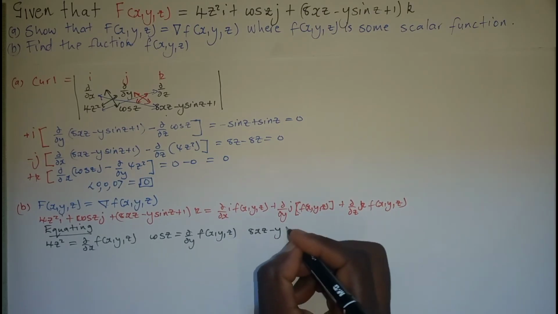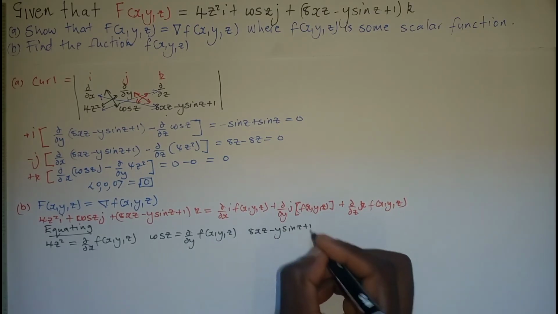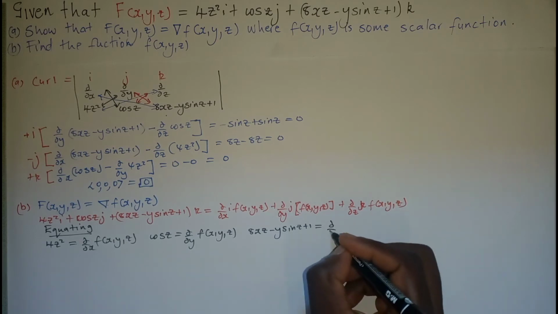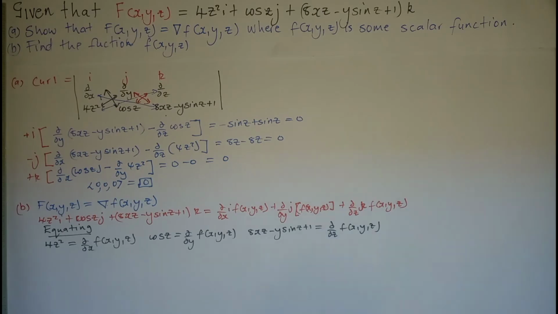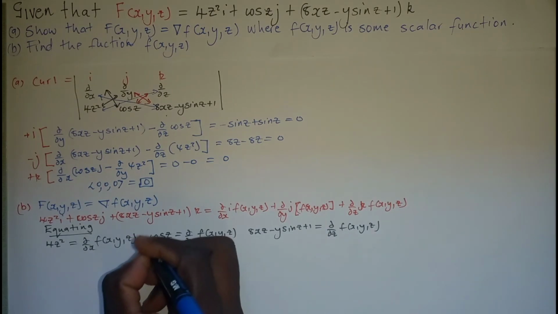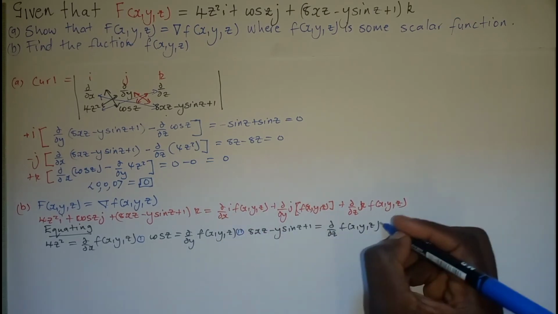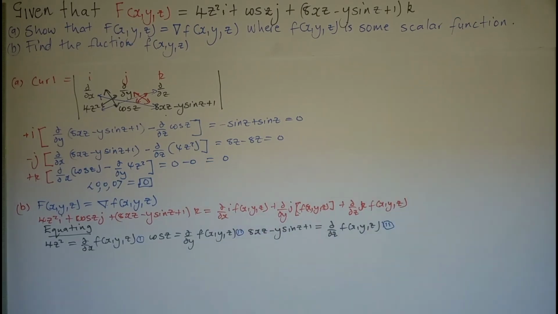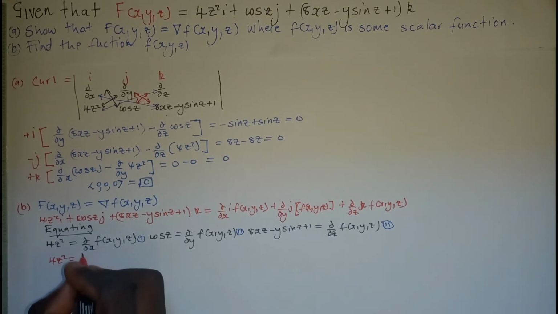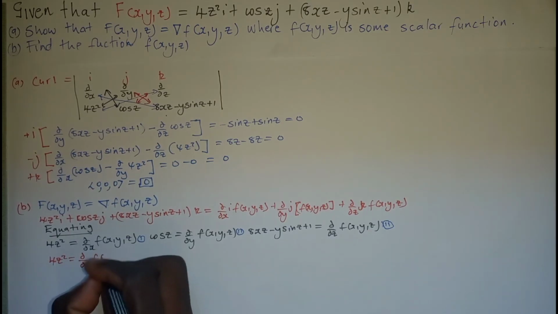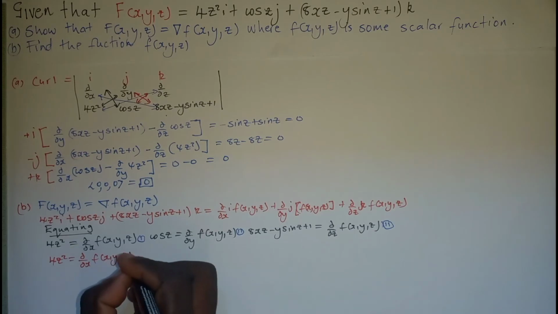Since this question includes many equations, I'm going to name them equation 1, equation 2 and equation 3. Out of these three, I'm going to choose equation 1: 4z² equals partial x of f(x, y, z).